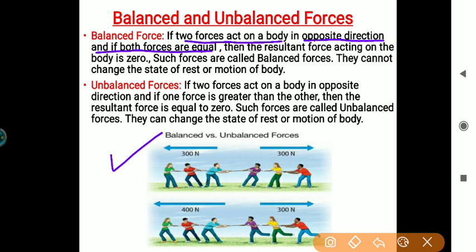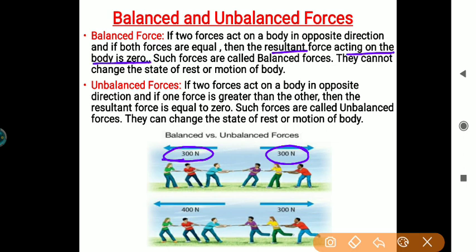Suppose in the first figure there are two forces, first in the left direction and second in the right direction. You can see here that the magnitude of both forces is equal, so the resultant force acting on the body is 0.